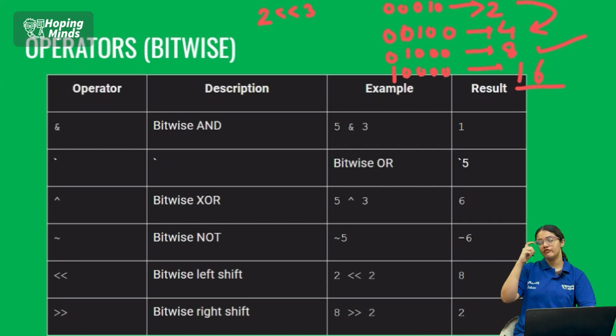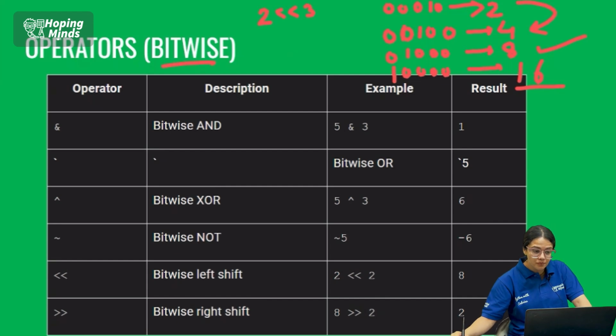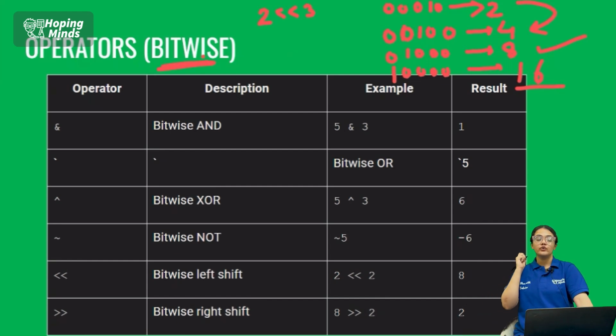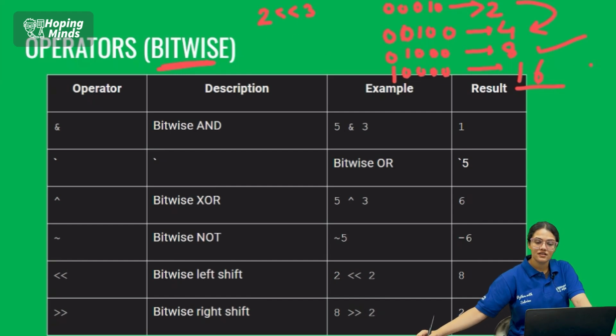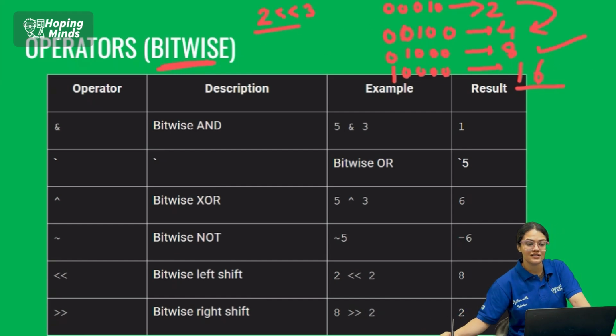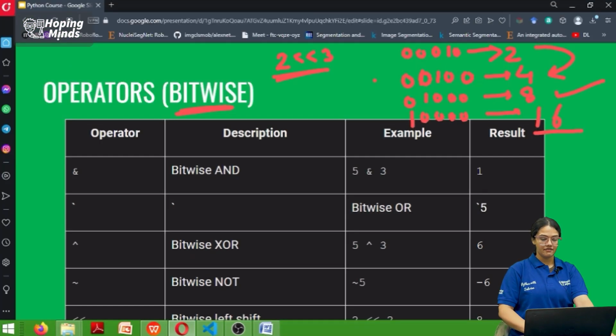So if you shift these bits 3 times, whose bits? The bits of 2. So in bitwise operators, the first and foremost thing is you need to convert these numbers into their bitwise representation. So the final result for this operation is 16, as we have seen in our terminal also.